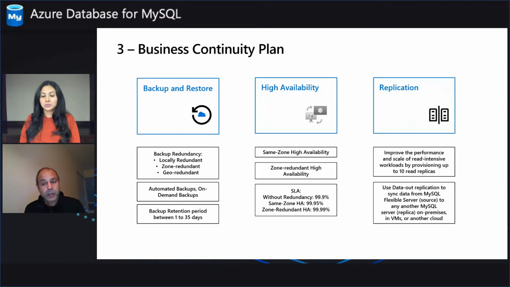And at the time of provisioning read replicas, you can also specify the zone where you want to deploy your read replicas. We also have the Data-out replication, which you can use to replicate your MySQL instance from Azure to on-premise or other competing cloud providers like AWS, GCP, or Oracle Cloud.